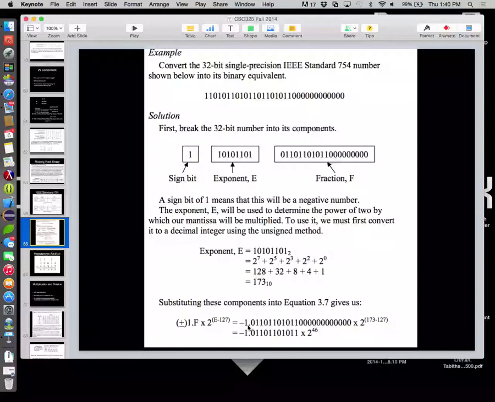So this is negative 1 point, then our entire fraction, this guy with the extra 3 zeros on it, times 2 to the whatever our decimal equivalent was, 173 minus 127, which is 46. So the binary version of this IEEE number is negative 1.01101101011 times 2 to the 46th power. Okay? So this is kind of the binary version of what we've seen as scientific notation. That make sense? All right.